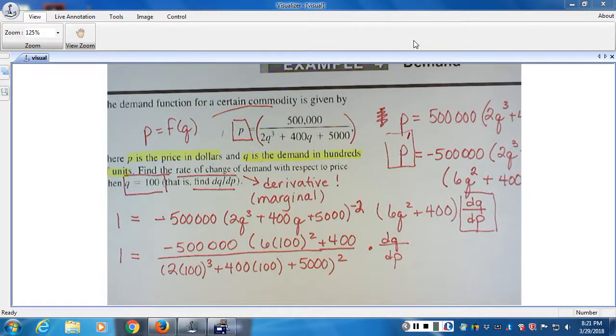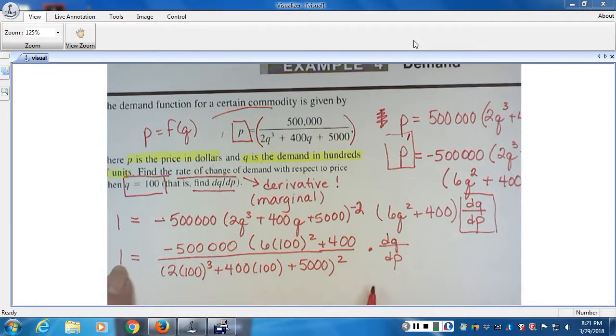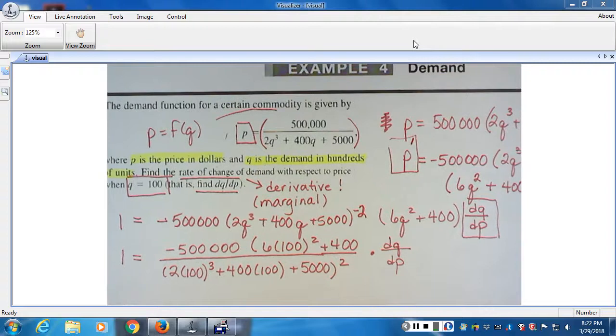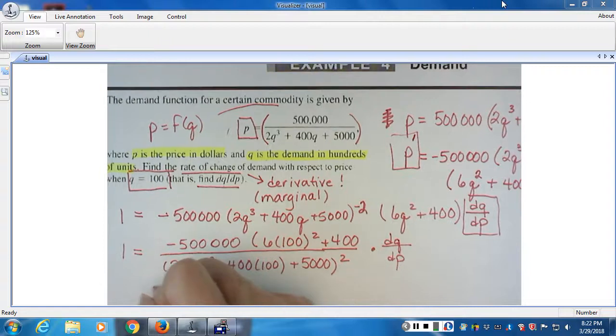But you could do that. Now, the thing to remember is that this is all equal to 1. All of the arithmetic, once we're done, I'm going to try to give you, because I've already worked this one out.